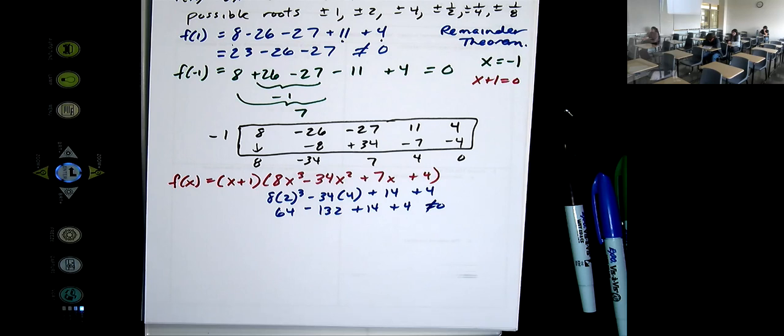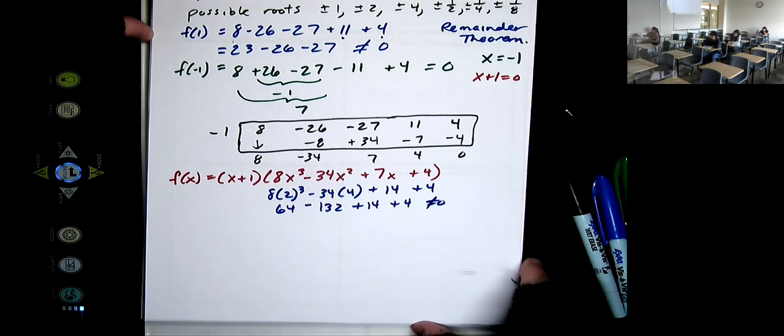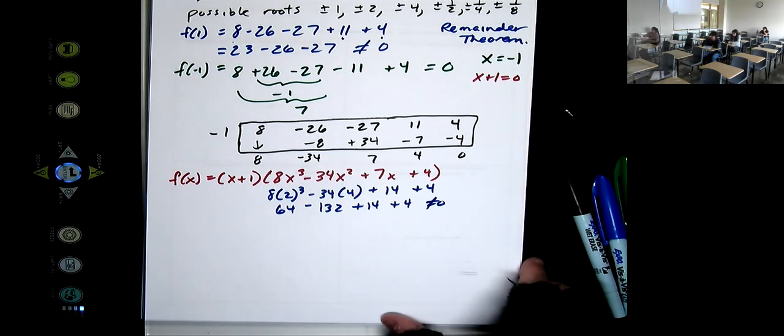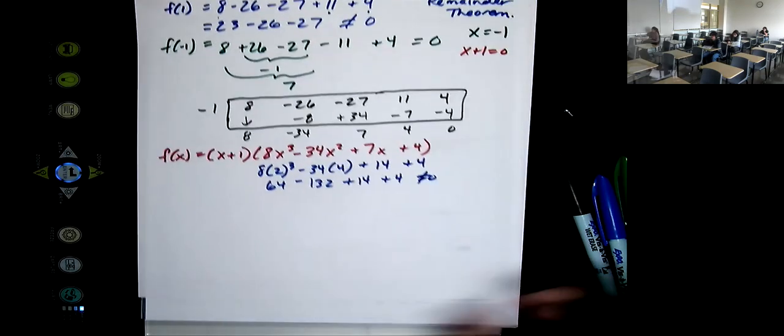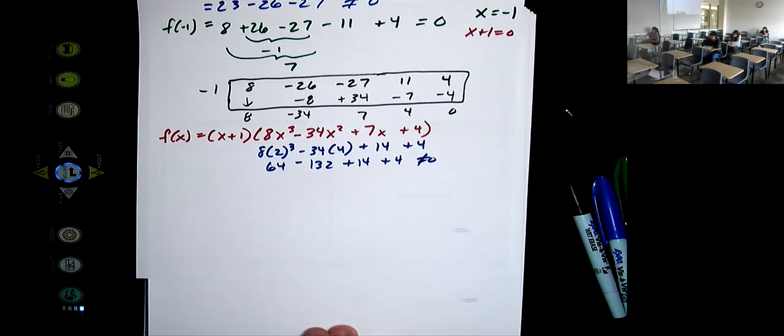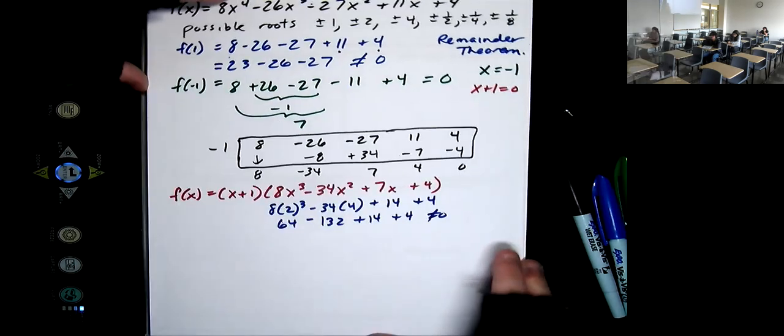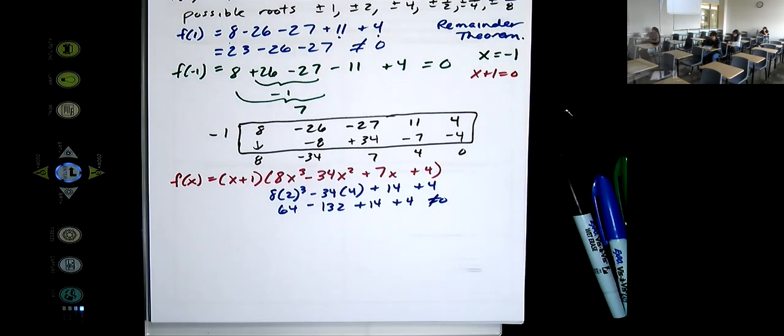So, what other rules do we have available to us? Let's take a look at, let's see, maybe I should just give you the rest of the roots here so we can finish this problem up.